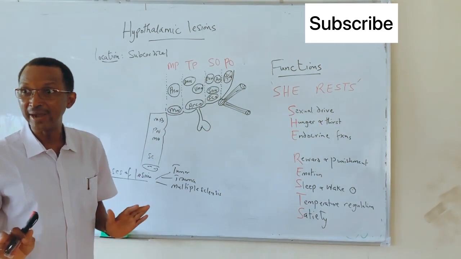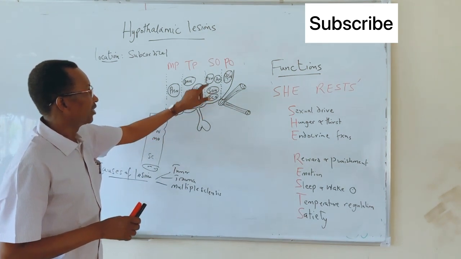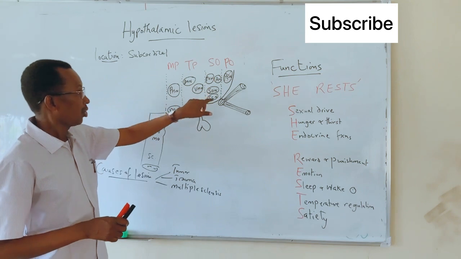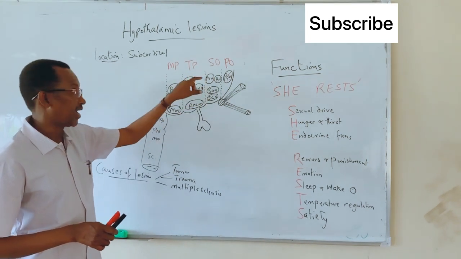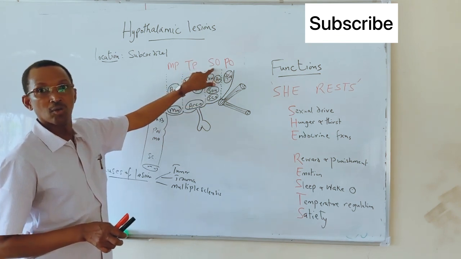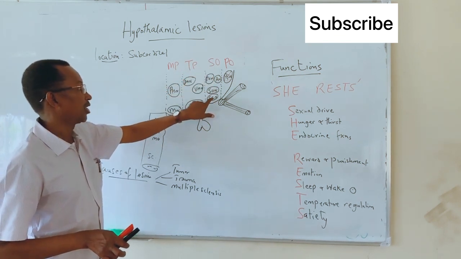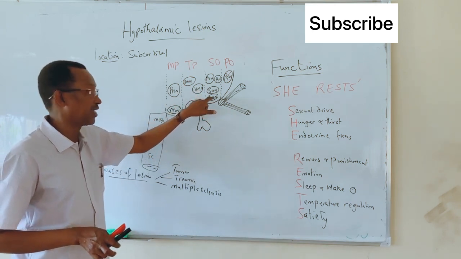Are you clear? Good. In the supraoptic region, we have about 4 nuclei. The first one is the suprachiasmatic nucleus, SCN.